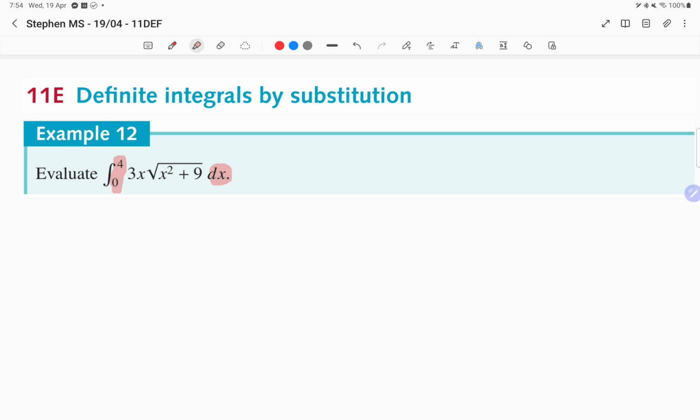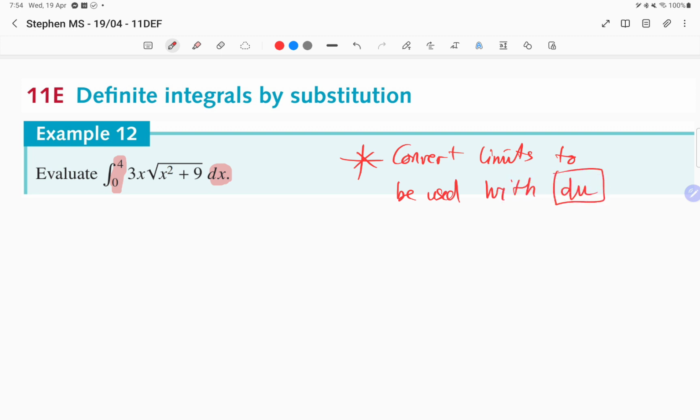So the main concept here is to convert limits to be used with du. This is the only concept you need to remember because the rest is already from 11D.